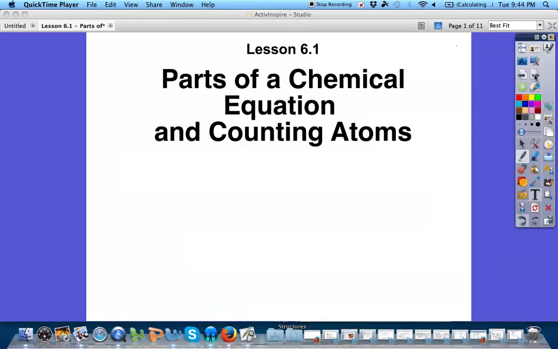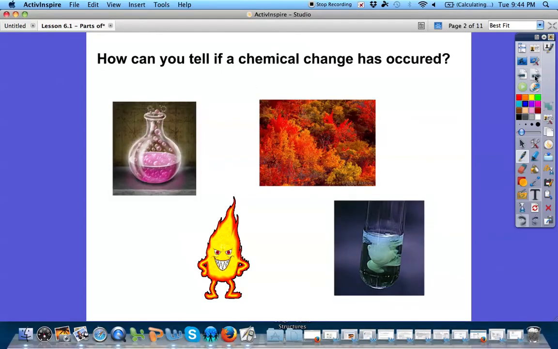So to start off with, we need to determine, has a chemical change taken place or not? We had 4 indicators for chemical change. We talked about these at the beginning of the year.